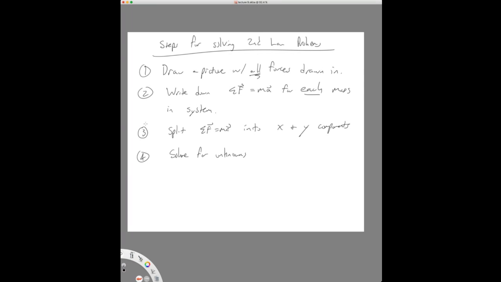Now, number three, splitting it into components, a lot of the magic is sort of in doing that. That's the majority of the work, finding the components and getting the signs of the components correct. Once we get step number three done, what we will have is a system of equations.